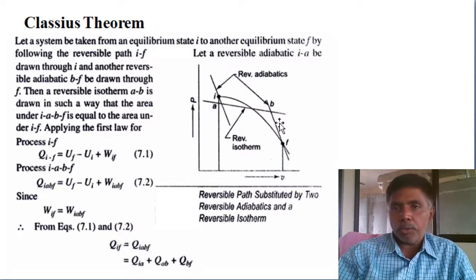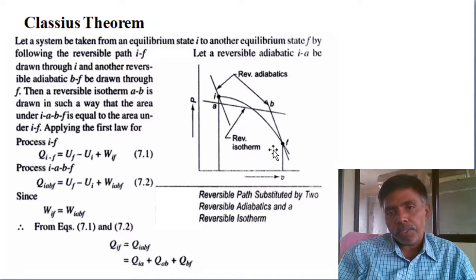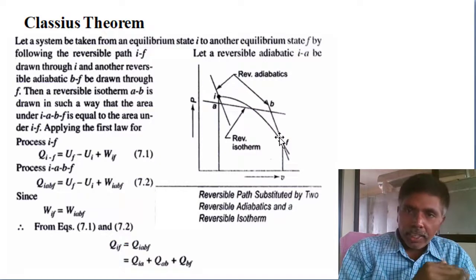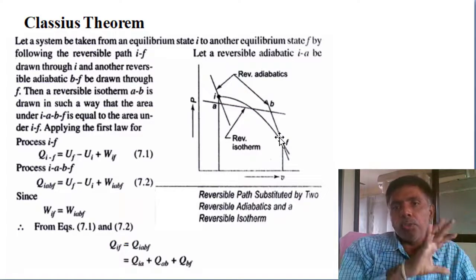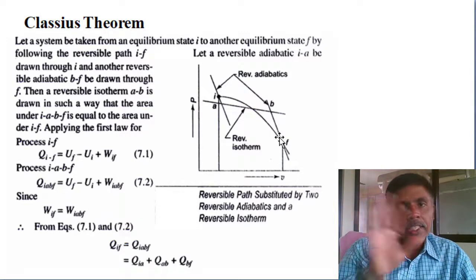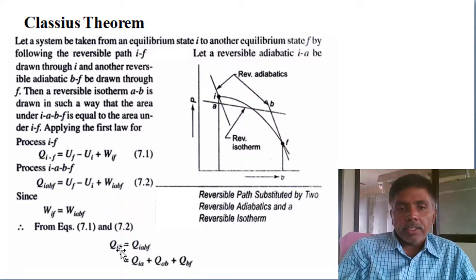But what is the condition? On the PV diagram, the area under the IF curve and the area under the IABF curve must be equal. If the areas are equal, it means the same work output. The work output of the two processes is equal. If you substitute, then QIF equals QIABF.